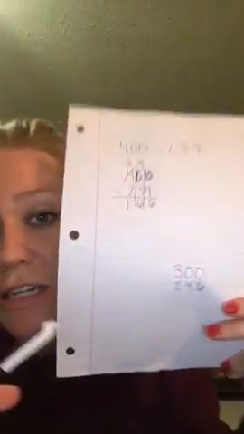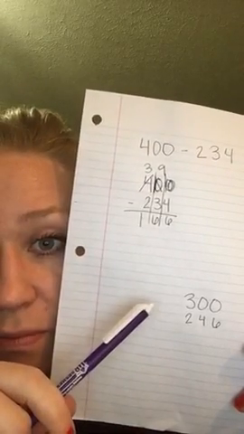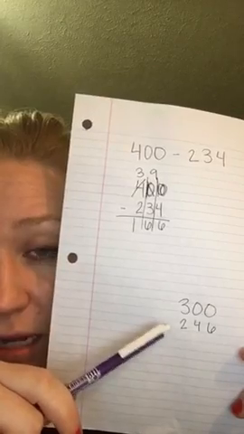So I roll, I got a 2, I roll, I got a 4, I roll, I got a 6. Okay, so your hundreds number is always going to go on the top for this activity, always on the top, and your other number is going to go on the bottom, and you're going to subtract.